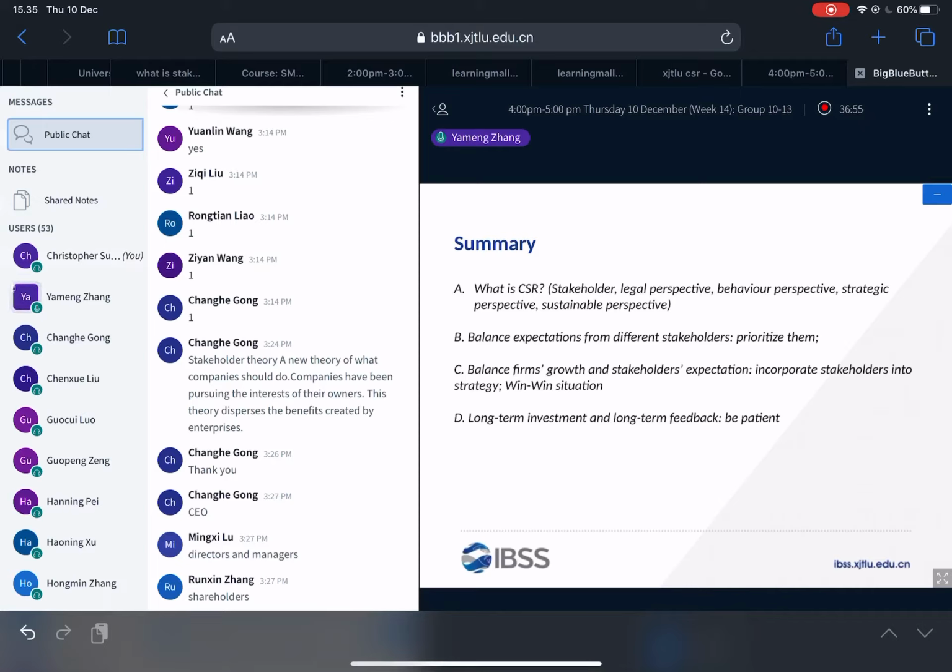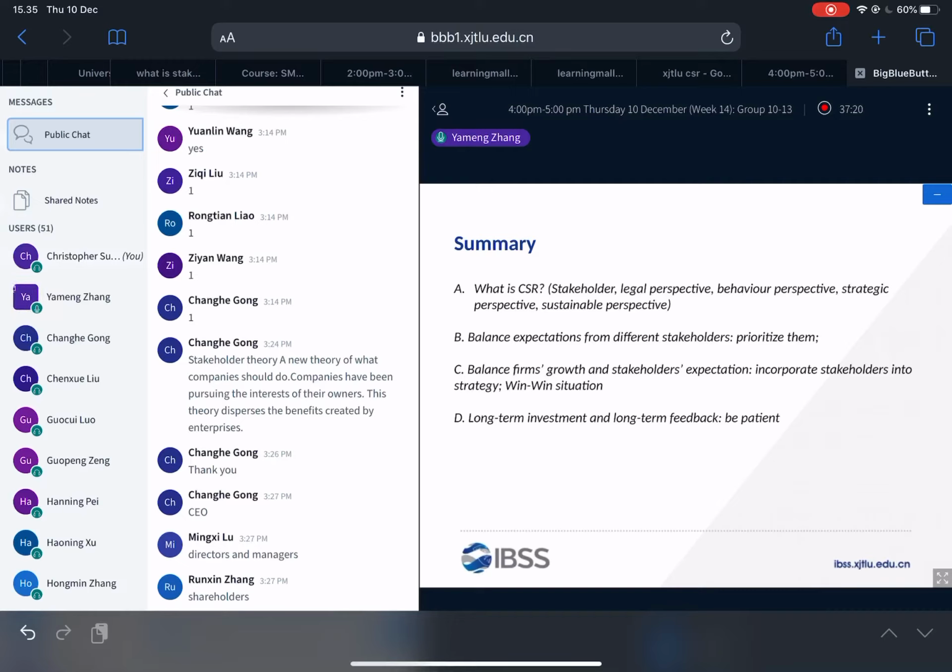So one of the solutions to balance the expectations from different stakeholders is to prioritize them. So that is one of your tasks, to find the appropriate way to prioritize the stakeholders.